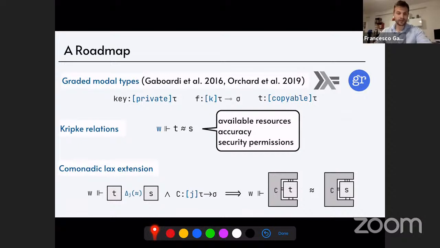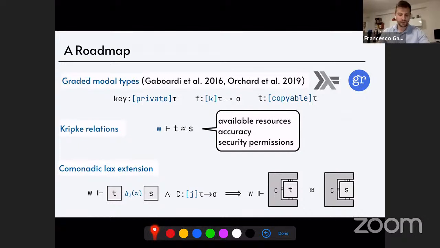And also because our techniques are actually, to some measure, language agnostic, which means that as soon as you have a type system that gives us this information of how the context uses the input, then you can come up with a nice notion of equivalence. So for instance, it is an easy exercise to move from graded modal types to quantitative types.